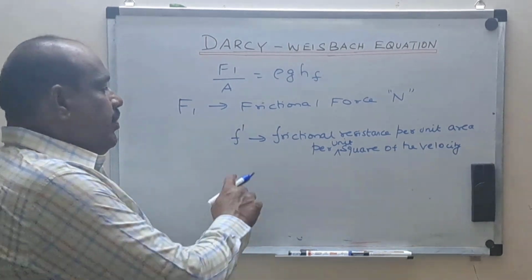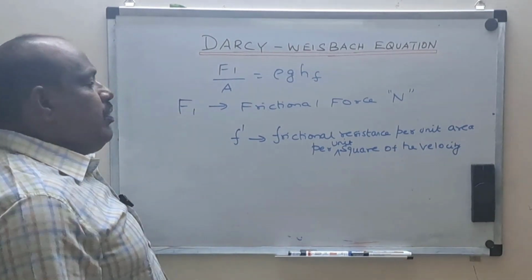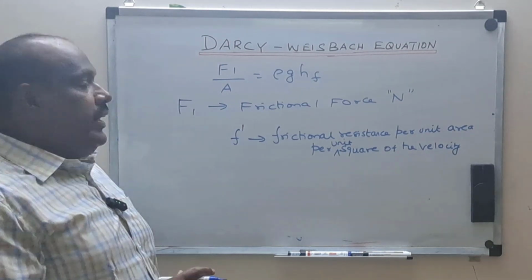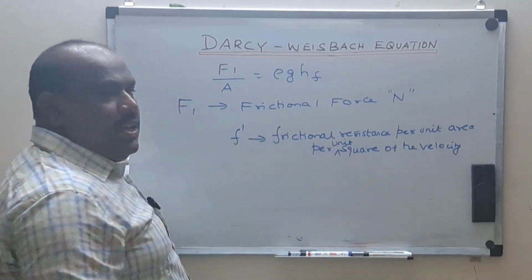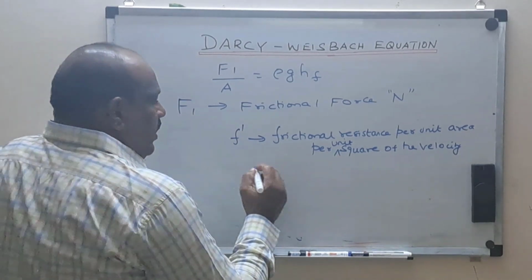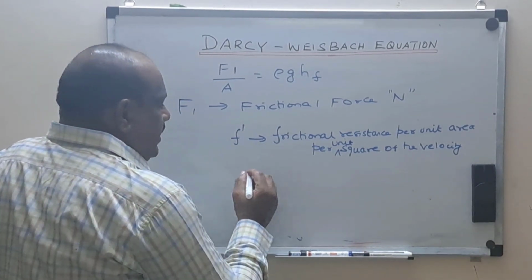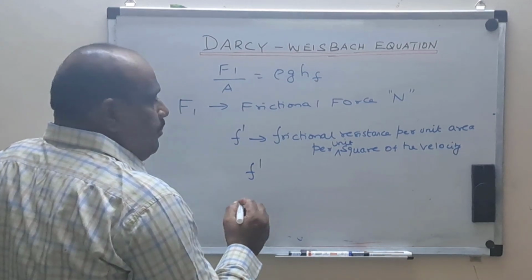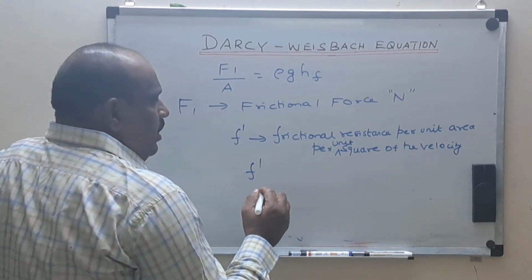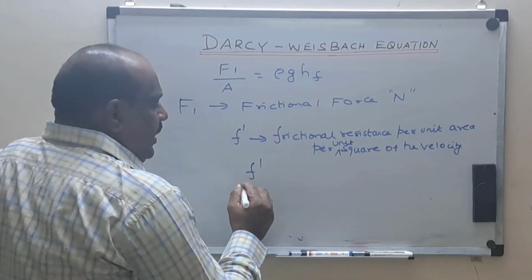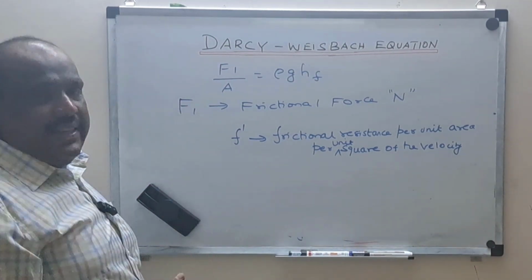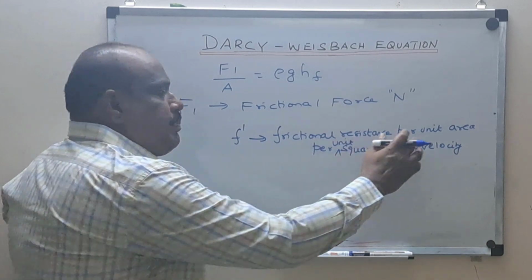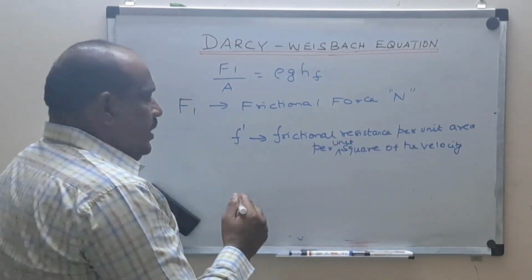What is meant by frictional resistance? Frictional resistance is not the actual frictional force. It is the frictional resistance per unit area per unit square of the velocity. I will come to the unit of F dash first, so that we can understand more easily.